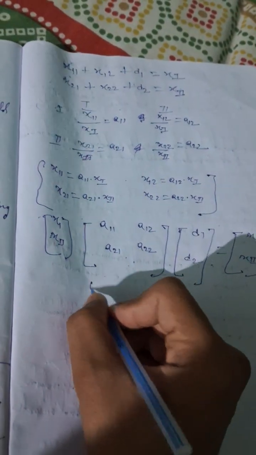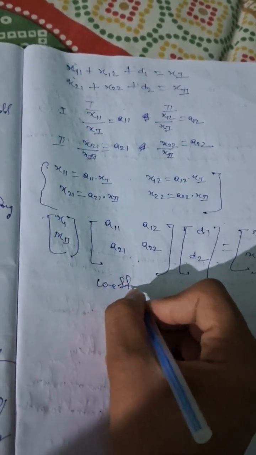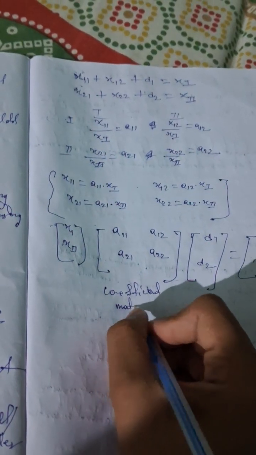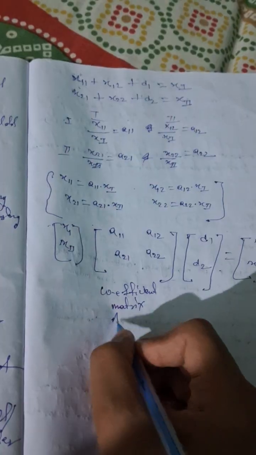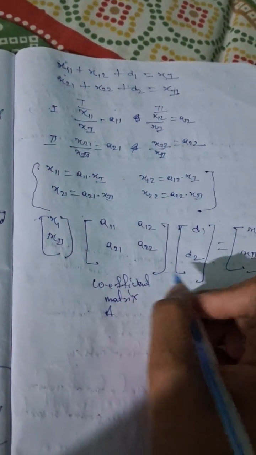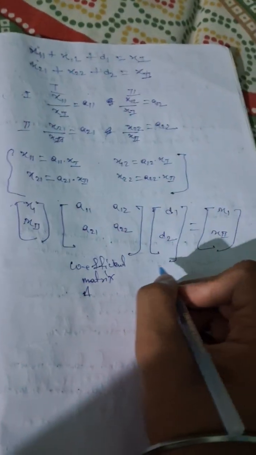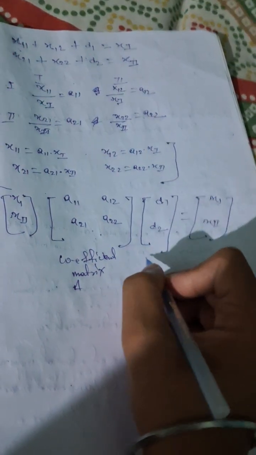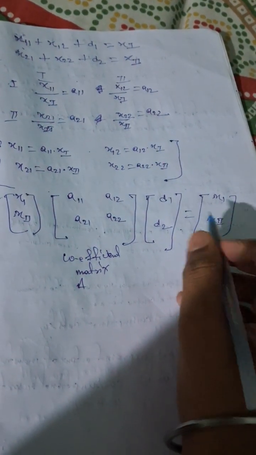This is the coefficient matrix denoted by A. This is the external demand matrix and this is the total output.